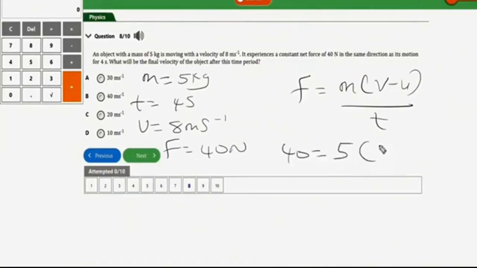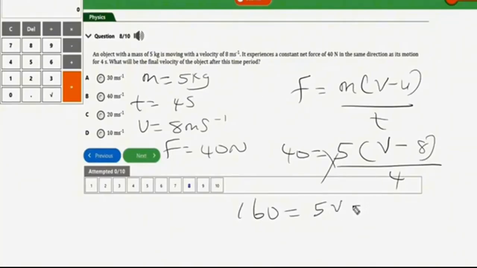We are looking for the final velocity V minus initial velocity is 8, over our time is 4. So when you cross multiply, you're going to have 40 times 4, you're going to have 160 equals 5V minus 40.